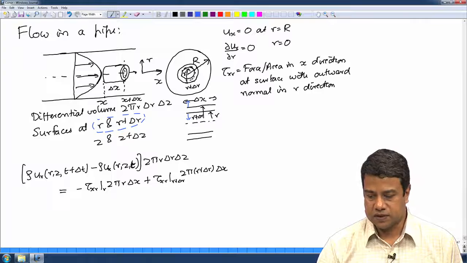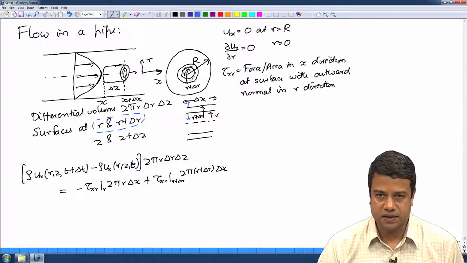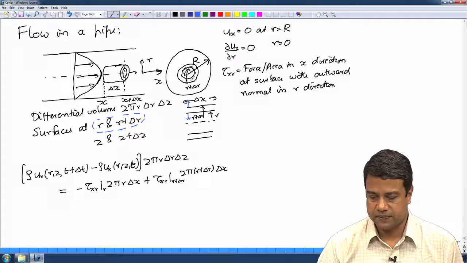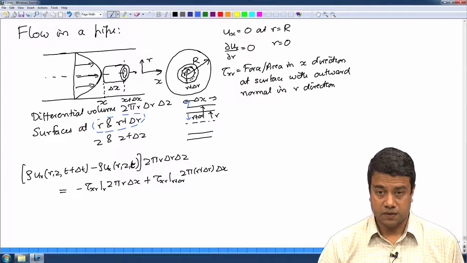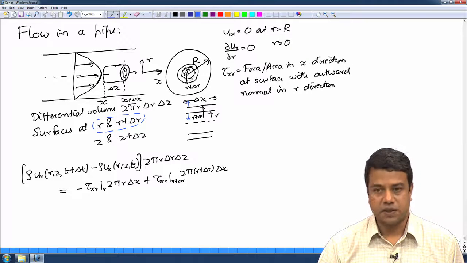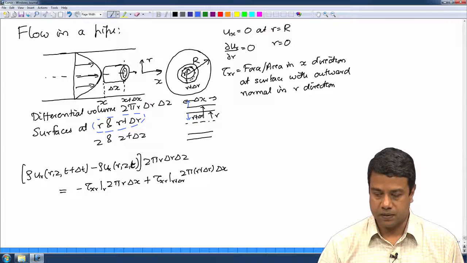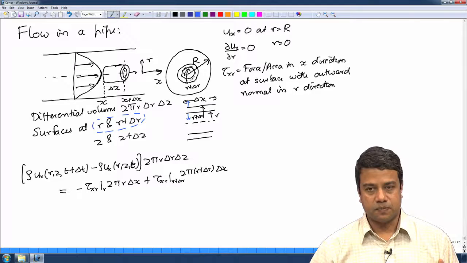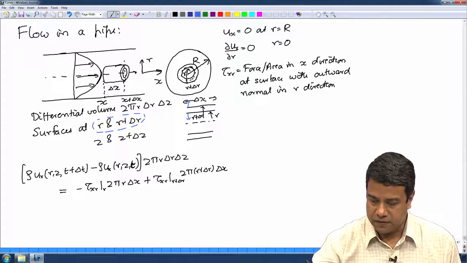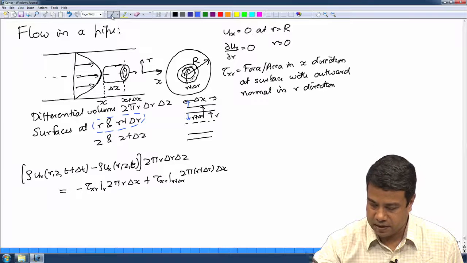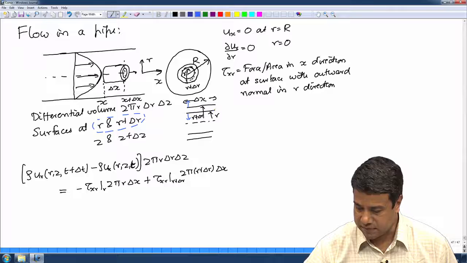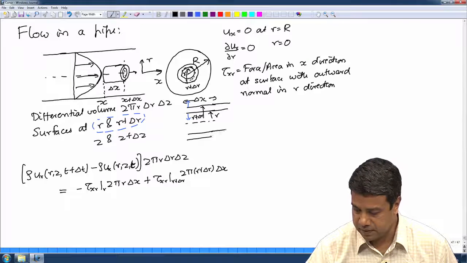However, there are also forces exerted on the surfaces at x and x plus delta x. That is the pressure force. Pressure always acts inward along the inward unit normal, because pressure is always compressive.